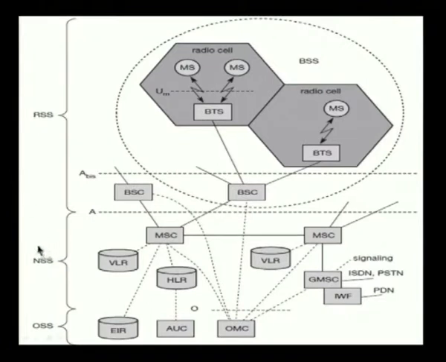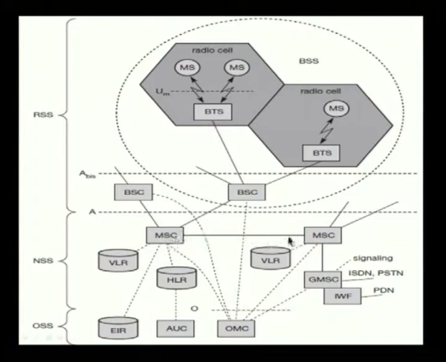Now, in the functional architecture of the GSM, that is the Global System for Mobile Communication, let us locate all the components, that is the switches and databases, in the diagram. As I already mentioned, this is the network and switching system layer. In this layer, VLR and HLR are connected with the MSC.